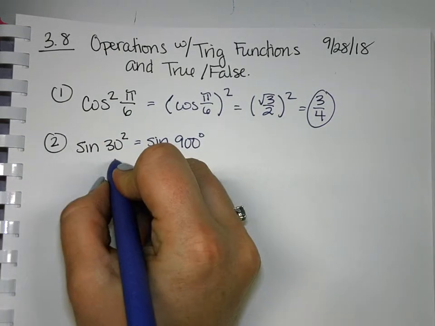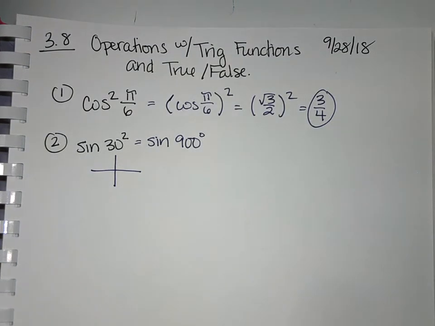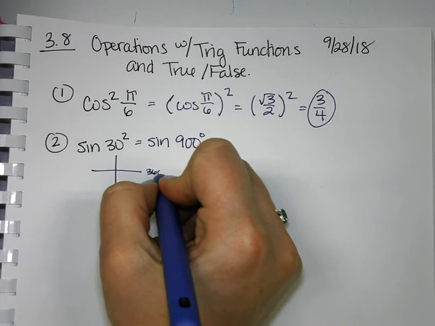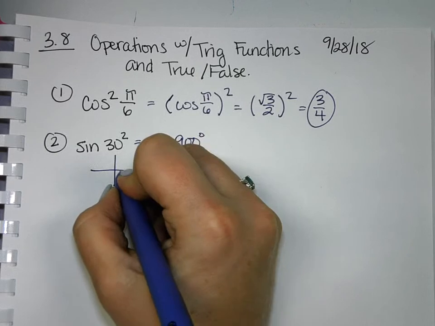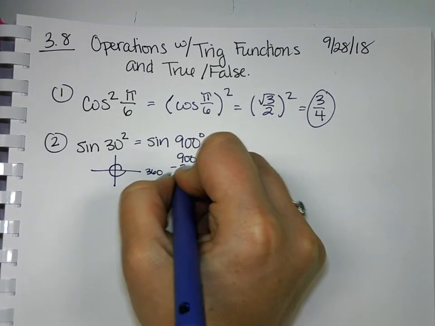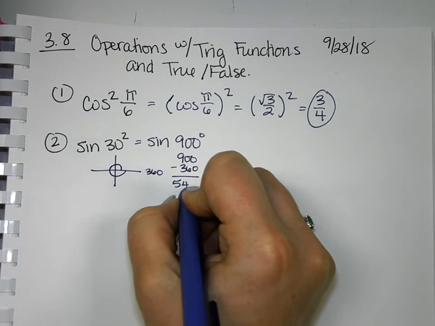This is where we want to then look at what is 900 degrees. What would its reference angle be? So if I think about 360, how many 360s would it take? So there's one 360, so 900 minus 360 would give us 540.